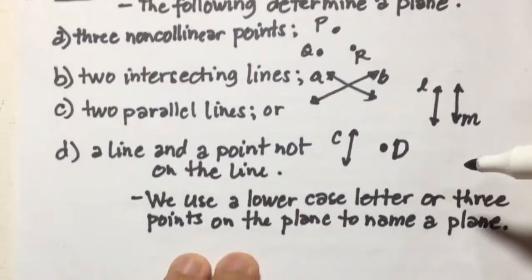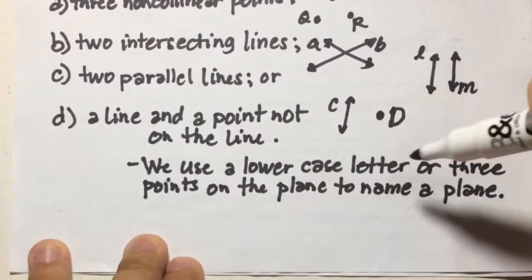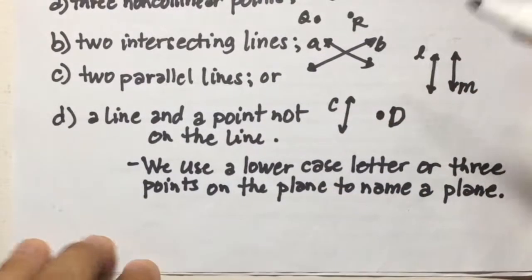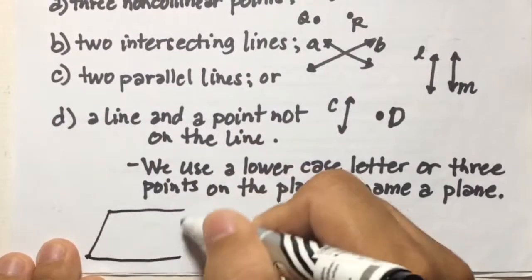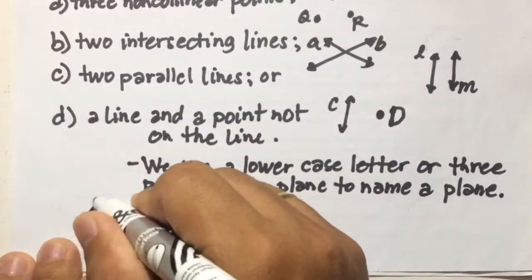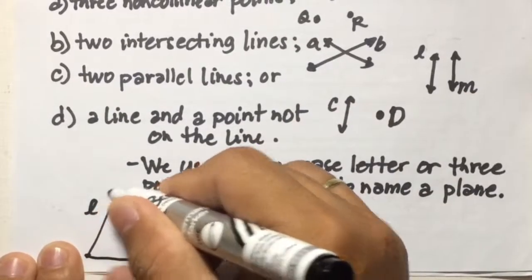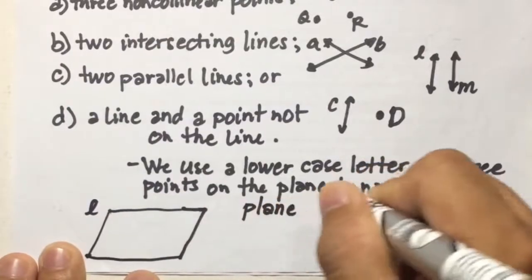Then we use a lowercase letter or 3 points on the plane to name a plane. So for example, if we have here a plane, let's have here L. So we can name this one as plane L.